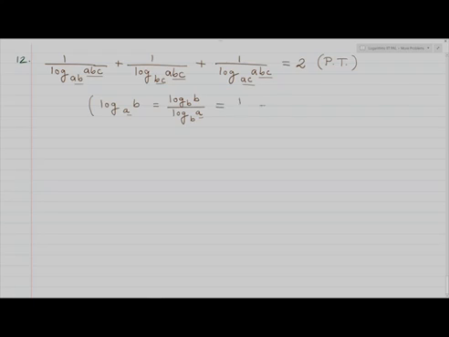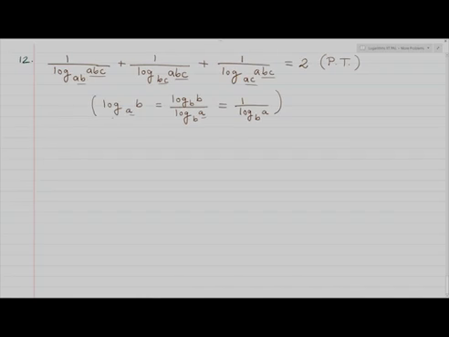This will become 1, because log to the base A of A is 1, and this is log to the base B of A. So, what I derived here is log to the base A of B is equal to 1 upon log to the base B of A. So, it is a switch in the base and the argument, and it is a reciprocal of that. Okay. This is a very important deduction that you should remember. I can use the power of this law and switch the base to the argument and argument to the base.